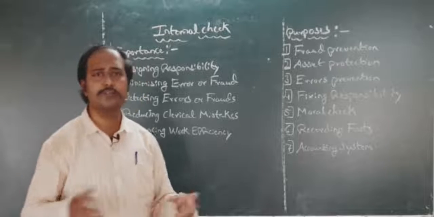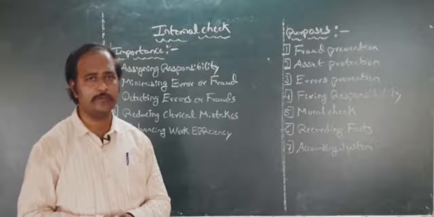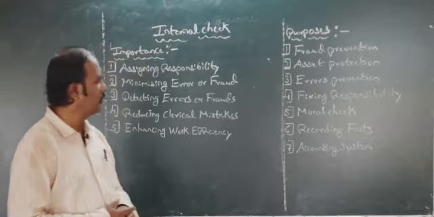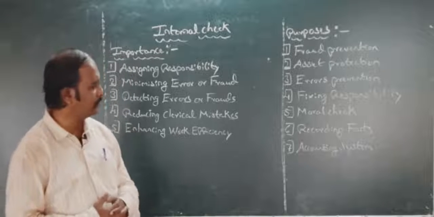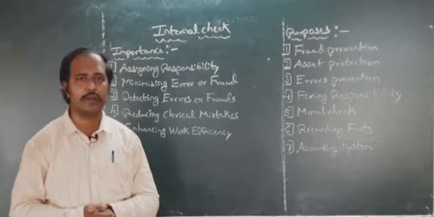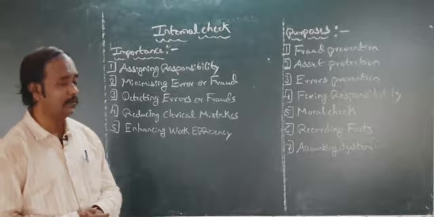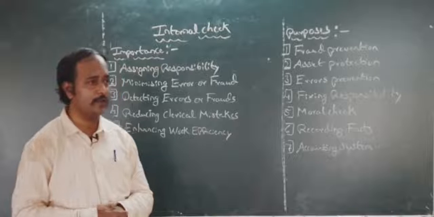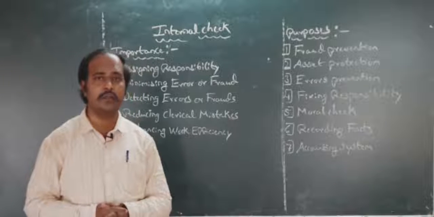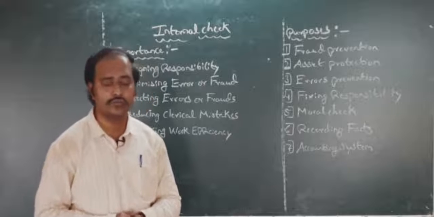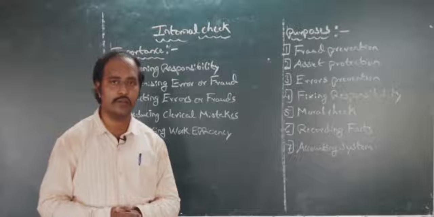The management accounting system is also a very important aspect in the organization. Every organization has its own accounting system. If they have a good accounting system and they are following the internal check system, definitely it would help the organization in knowing the true and fair view of the business and its records.